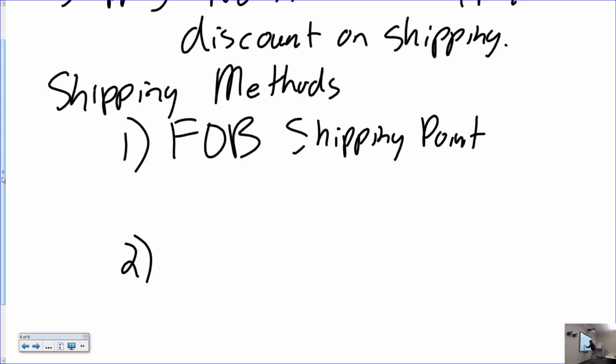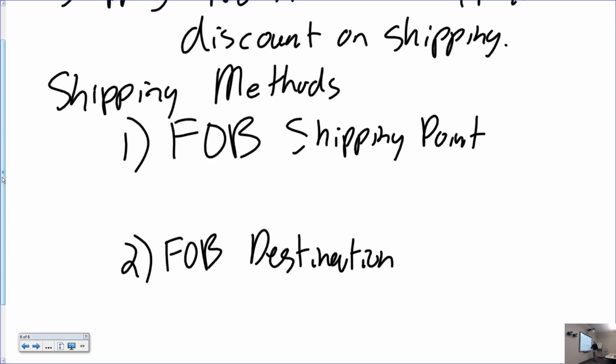And give yourself room to explain. FOB destination. Okay, so your shipping will be one of those two. And basically it's pointing out who pays for it, right? And technically, since there's two people in this arrangement, it's either the buyer or the seller, okay?